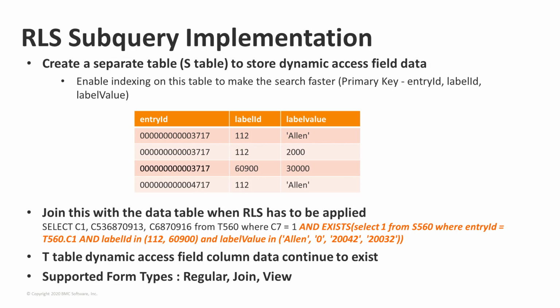As it involves creating a new table, BMC recommends enabling it only for the forms which have a large number of records and if that form is undergoing RLS performance issues. This new implementation is supported for regular, join and view forms. We'll see the details around how to enable it and how it works for each form type in the next slides.